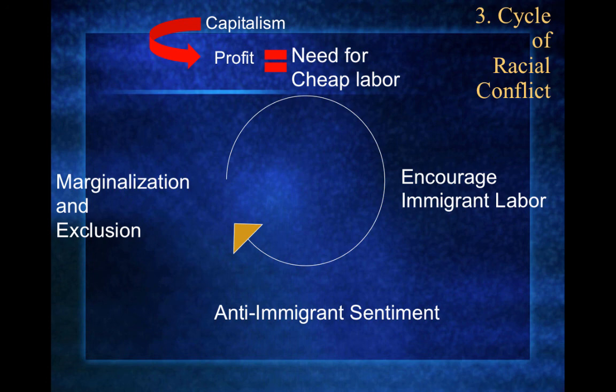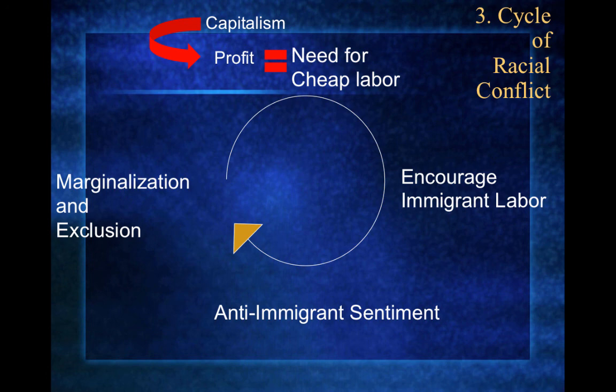Thus, the capitalists, in this case, landowners, factory owners, railroad companies, and other industries, are always in search for quote-unquote cheap labor. For many employers, cheap labor is synonymous with immigrant labor.